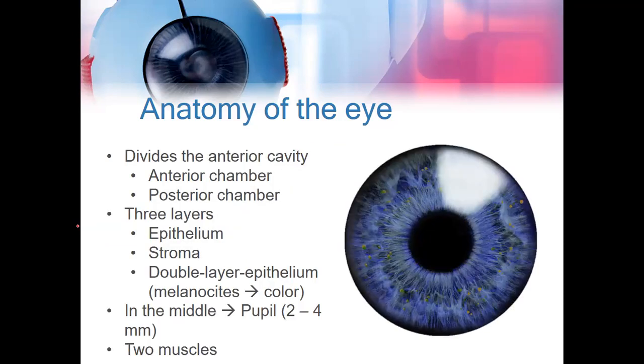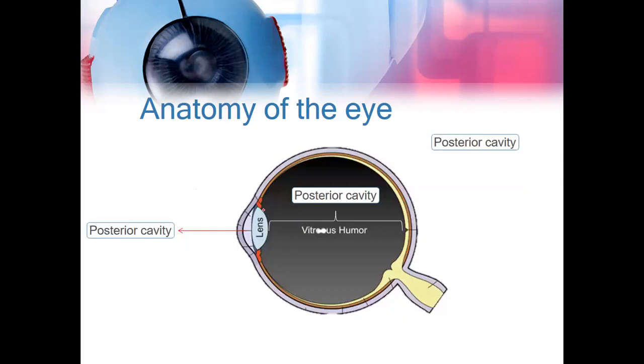Here we have the iris. The iris is a structure that divides the space between the cornea and the lens. Do you see this little blue line here? This is the iris.